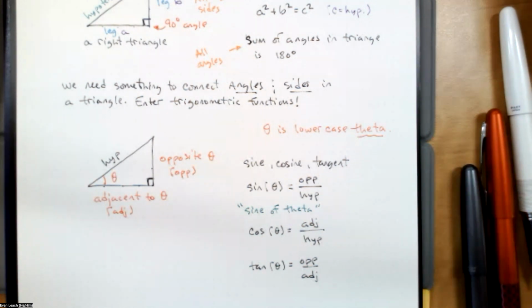Saying opposite and adjacent implies that the third side is a hypotenuse. Any questions? So this is the relationship between the angle and the sides of a right triangle, only for right triangles.